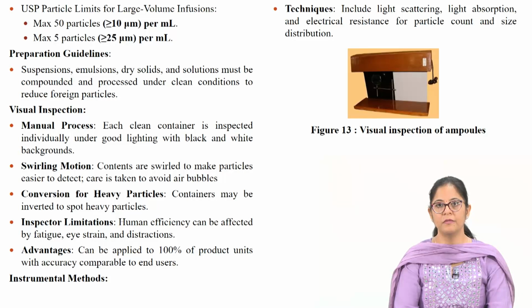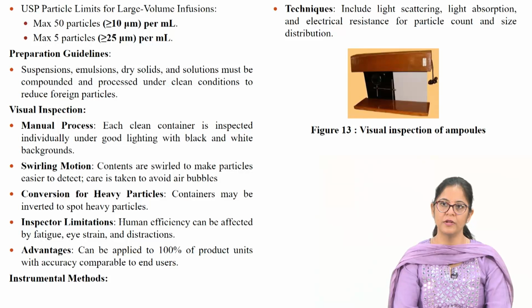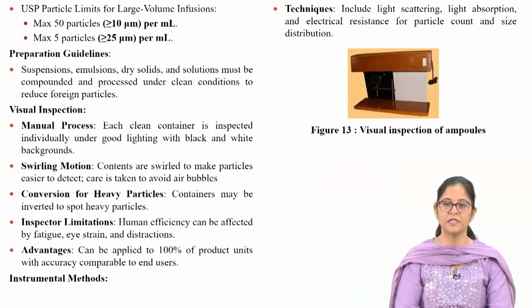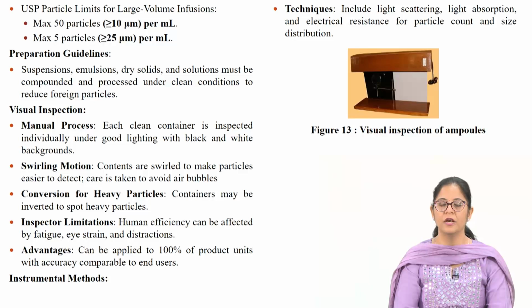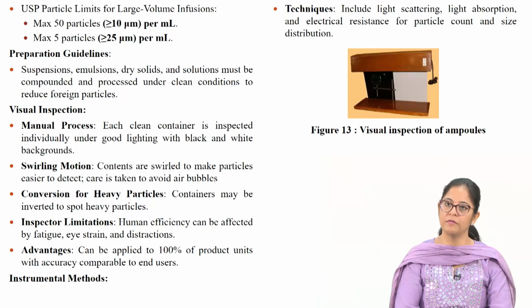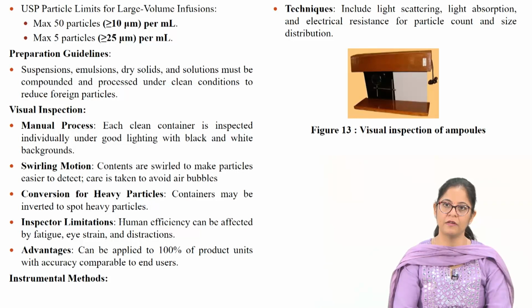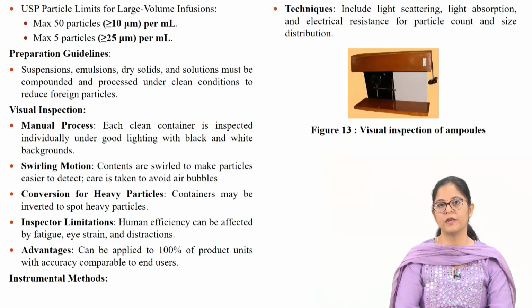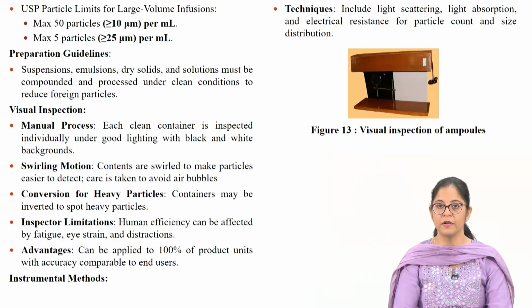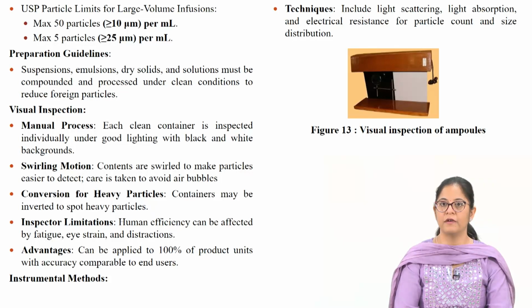So, containers may be inverted to spot heavy particles. The human efficiency can be affected by fatigue, eye strain and distractions. This can be applied to 100% of the products with accuracy comparable to the end users. Obviously, it is dependent on the person who is doing it, so it is an advantage.